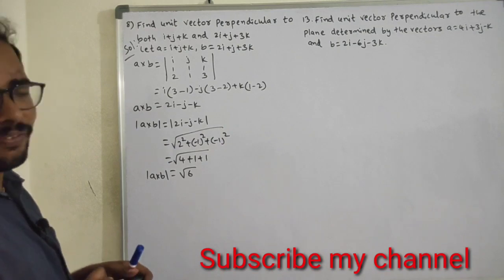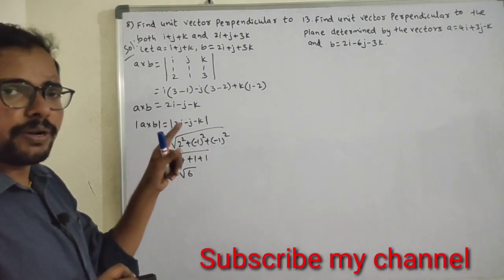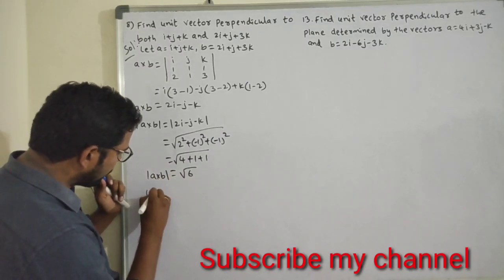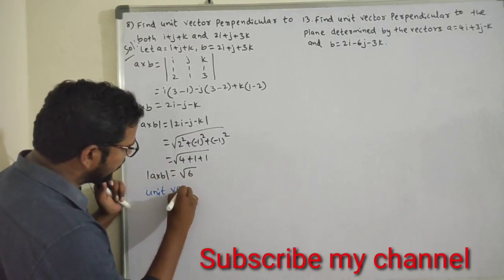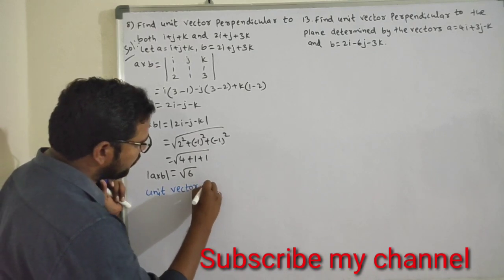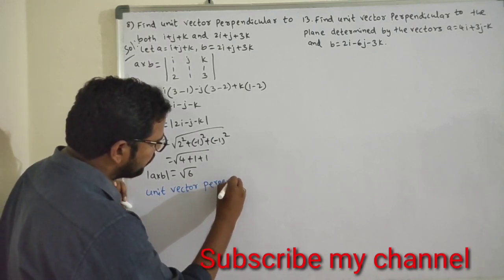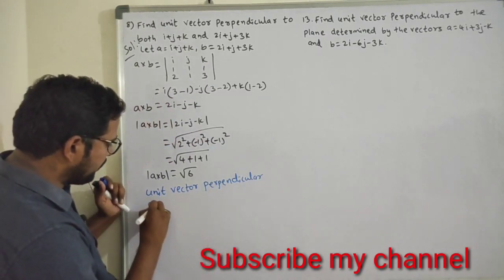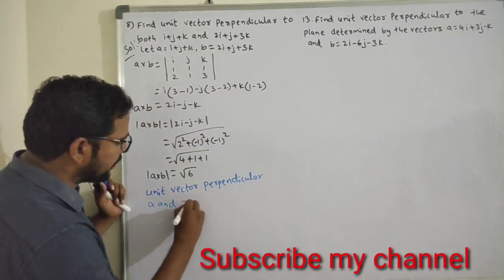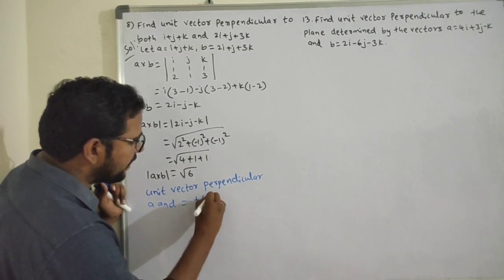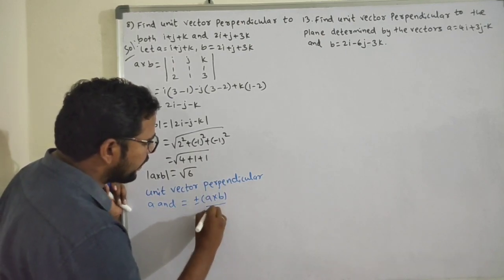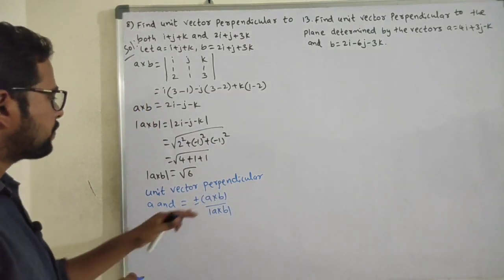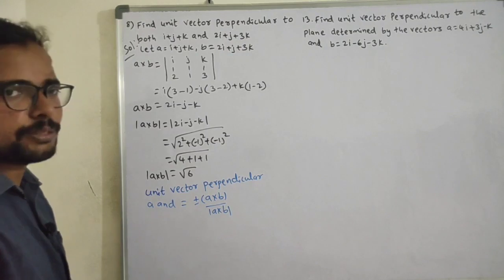So we have one important formula. A unit vector perpendicular to both A and B is equal to plus or minus A cross B by mod A cross B. Now substitute the values, A cross B value and mod A cross B value.